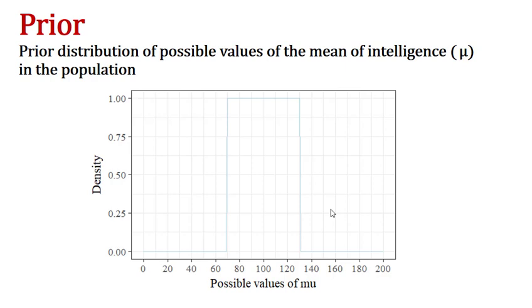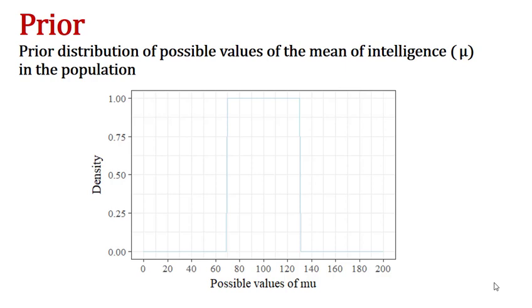Okay, in this case the prior distribution is a uniform distribution that goes from 70 to 130. So basically because we've got the knowledge that a population with mean of IQ of 70 or lower than 70 is impossible, and a population with a mean larger than 130 is also impossible.